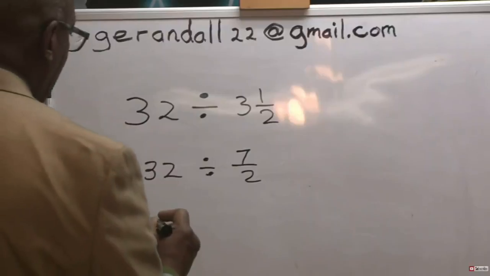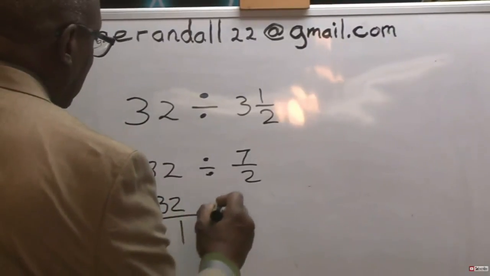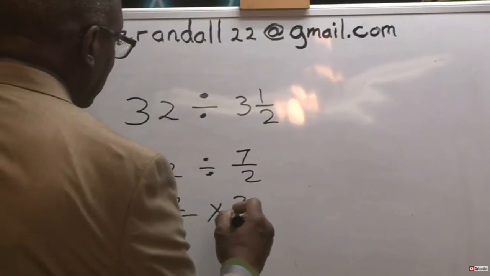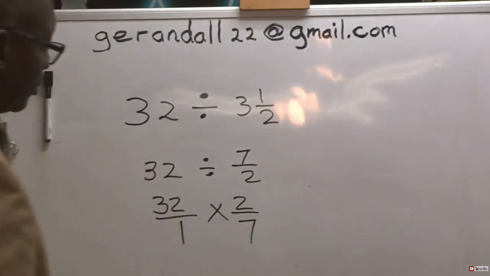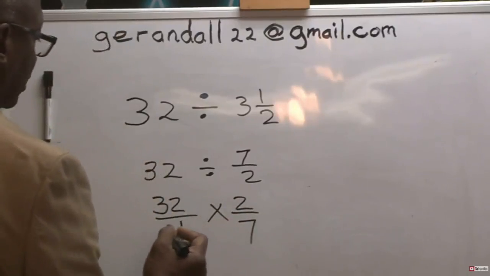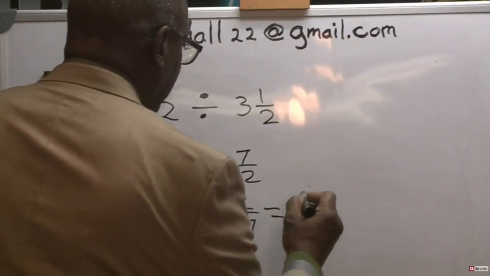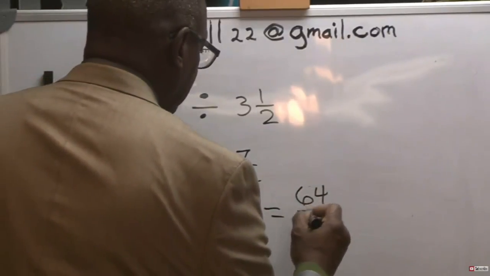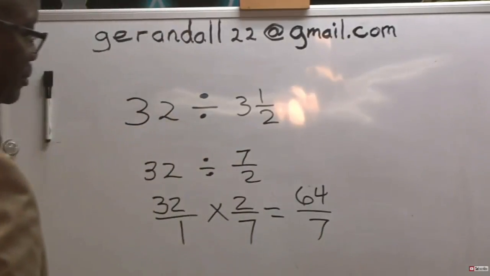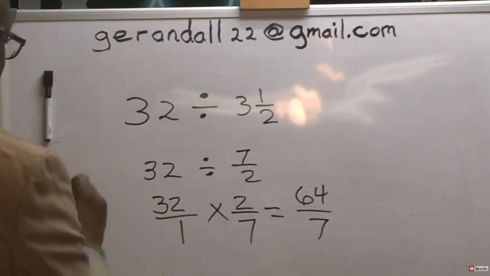And now you repeat, writing as a fraction times the reciprocal. And now you multiply numerator times numerator, denominator times denominator. And in this case, 64 divided by 7.